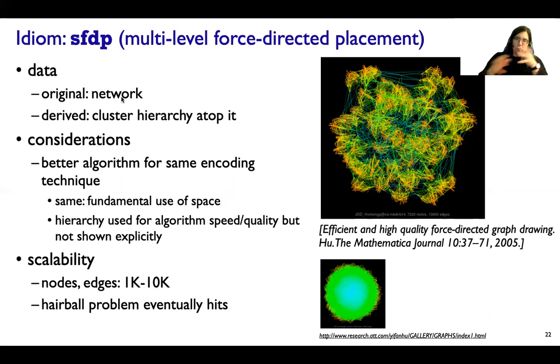So there's some cluster of nodes in the original graph. Let's treat that entire cluster together as one of these higher level metanodes. We still are laying out these nodes and links, but that hierarchy is not actually directly shown. It's just used to increase the scalability and the speed of the algorithm.